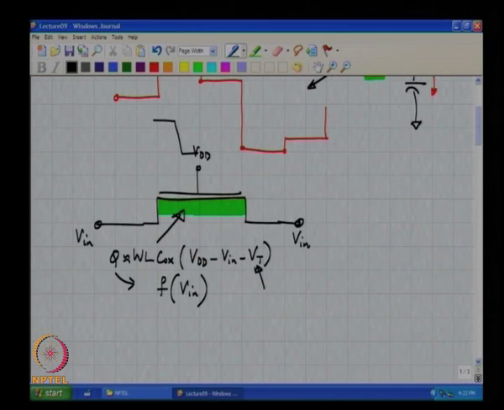Clearly, when the gate is connected to ground, what is the channel charge? Channel charge is 0. So, when the gate was high, the channel charge was this. When the gate is low, the channel charge is 0. So, something must have happened to this channel charge, right. So, where do you think happened to this?